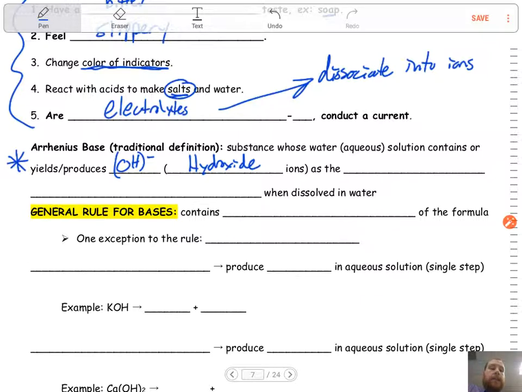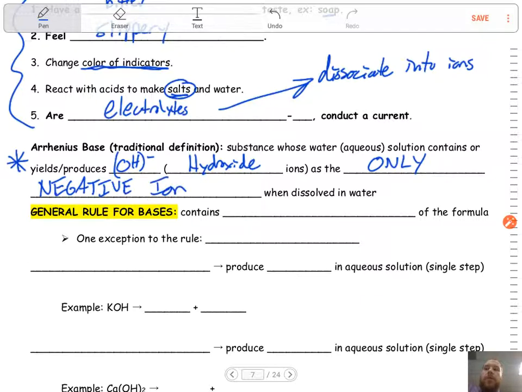Now there are exceptions, ammonia being that one, and they give you ammonia on table L, so you don't have to memorize it, but you guys are probably aware of that. And again, it's producing hydroxide as the only negative ion. Okay, so within a solution you're going to have another ion, but this is the only negative ion when it dissociates in water.